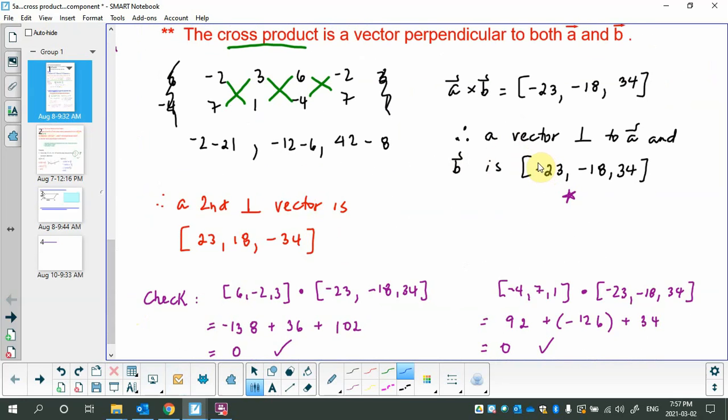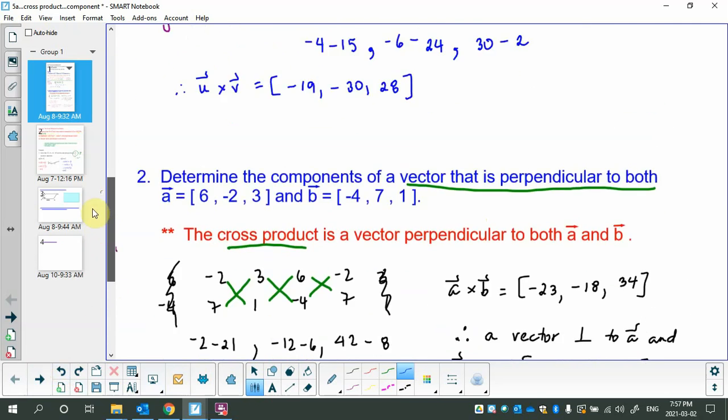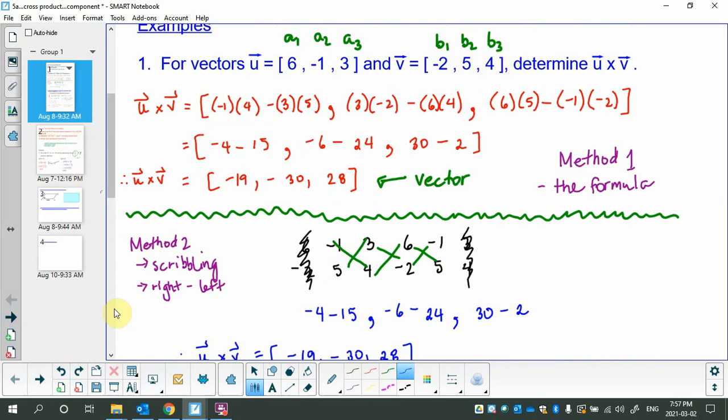So when you did your formula for magnitude, it would be take the x's, square it, take the y's, square it, take the z's, square it, add them together, and square root. That's the formula for magnitude. So whether you square a 23 or a negative 23, it doesn't matter one bit.